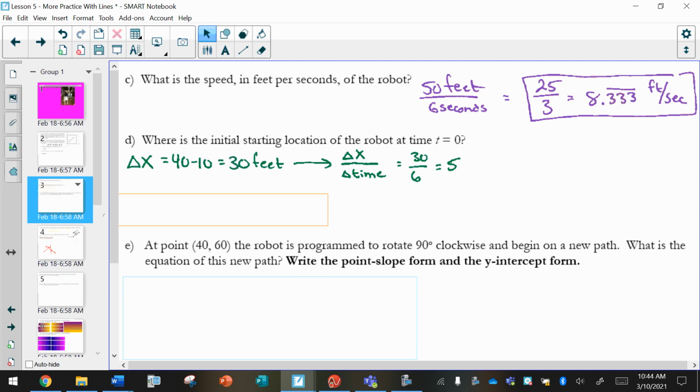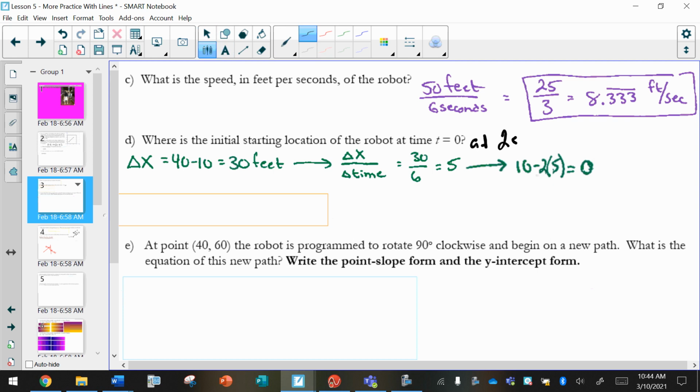Now, the first position point that we know was after 2 seconds worth of time. If I know the robot is moving 5 feet for every 1 second, then I need the x coordinate from the point when it was a time of 2 seconds. At 2 seconds, remember, the robot was located at the point (10, 20).